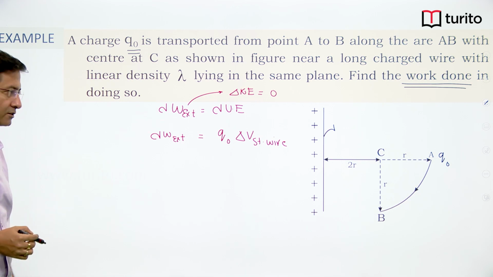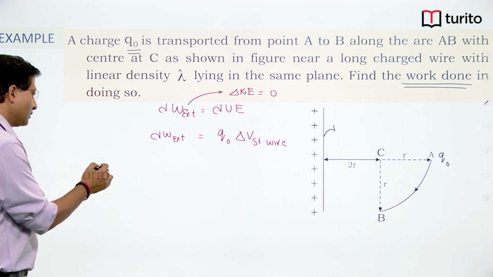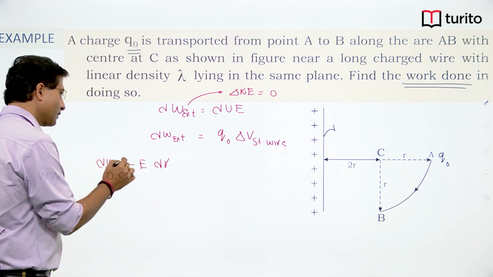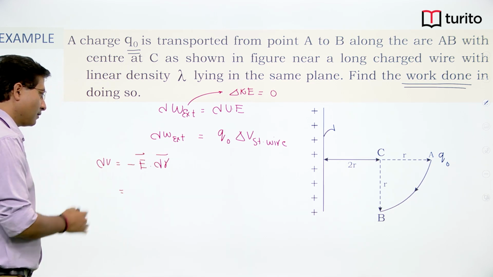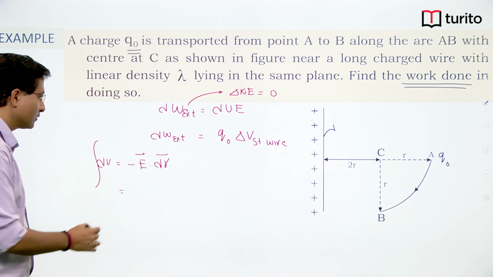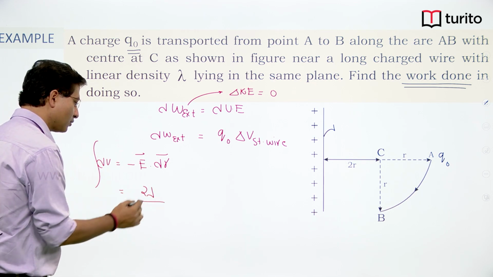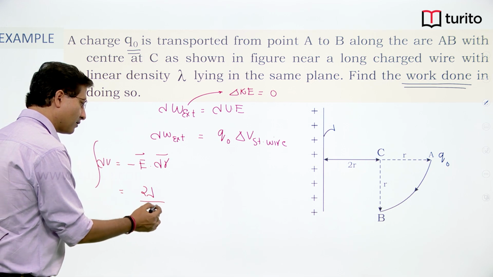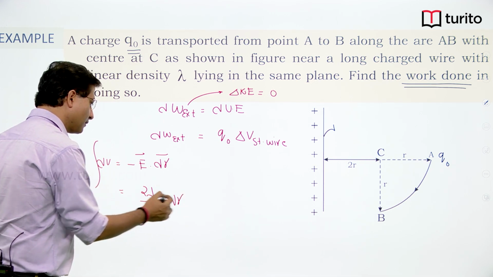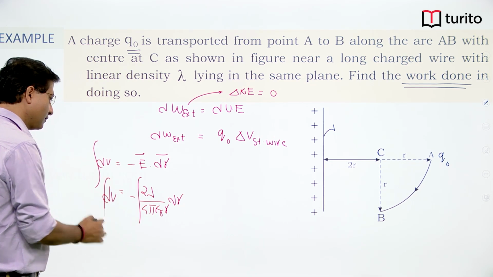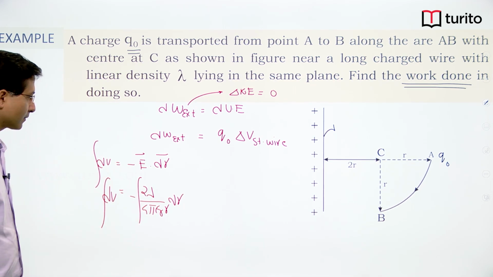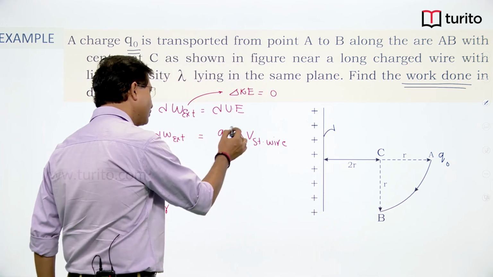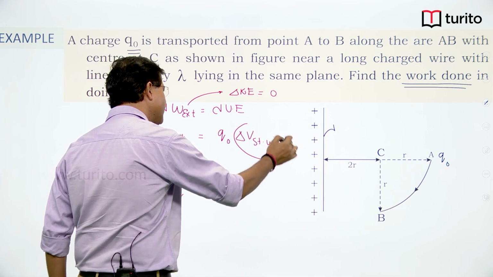For the potential difference, just now we have seen dV is equal to minus E dot dr, because of the straight wire. This can be written as 2 lambda upon 4 pi epsilon naught r dr, with a minus sign, dV. Let us put limits. Here I need to write potential final minus potential initial, right.